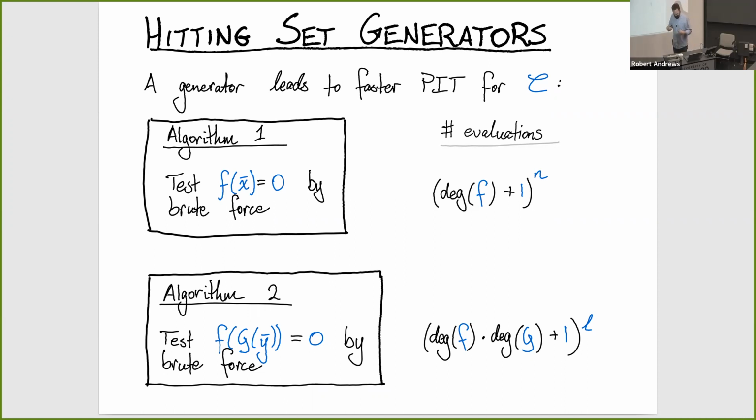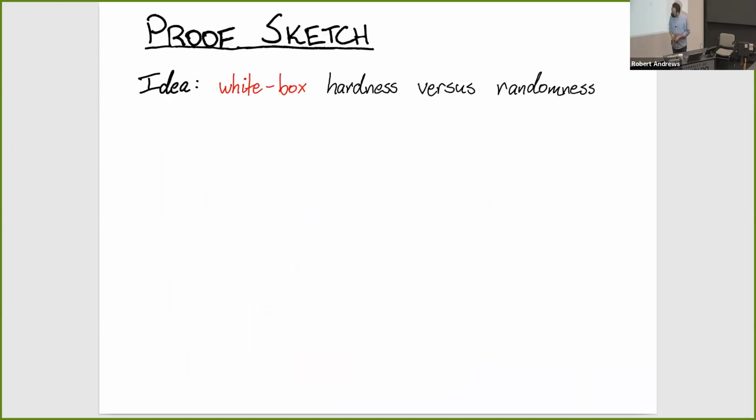Okay. So what are we going to do here? We're going to do a kind of hardness versus randomness, but in a white box sense. And what do I mean by this? Well, the existing line of work on hardness versus randomness in the algebraic setting takes a circuit lower bound and turns it into a hitting set generator.